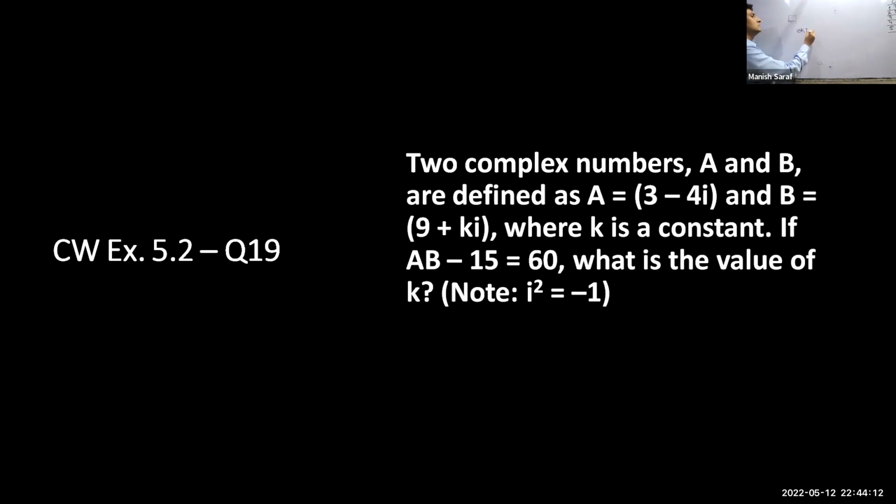3ki minus 36 minus 36i plus 4k plus 4k is equal to 48. हाँ, ठीक है. अब यहाँ पे देखो, पक्का ये है ना? Now, let me see one second. ठीक है.